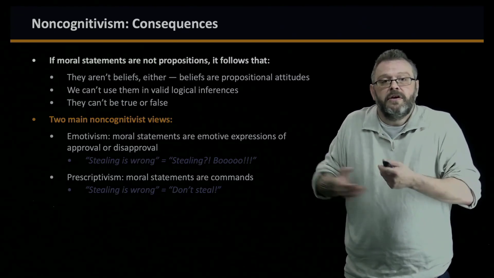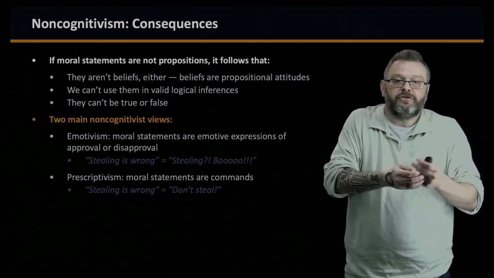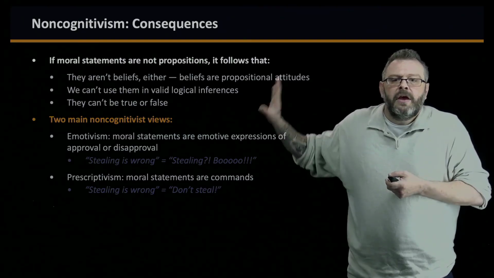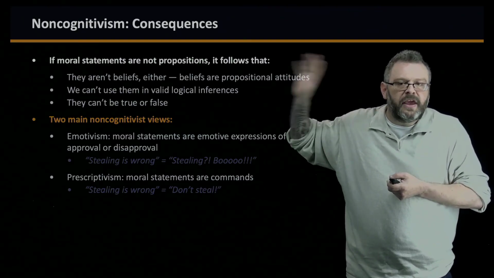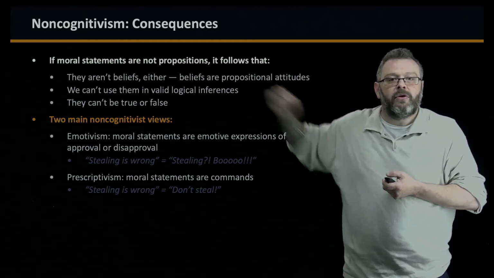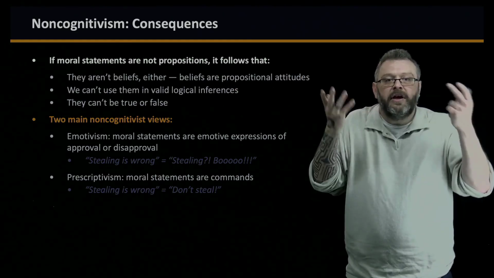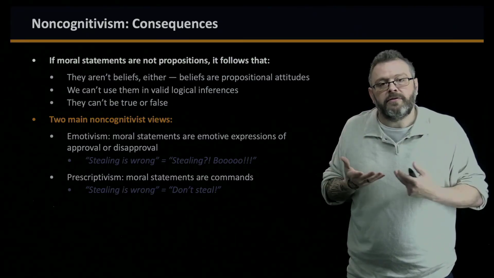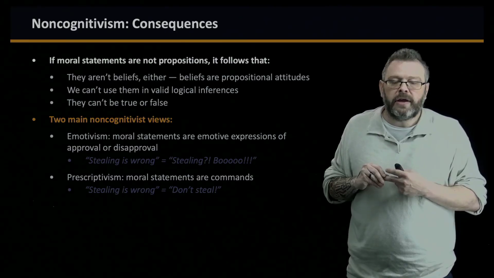You believe the Earth is a sphere. That's a proposition. You believe that today is Wednesday or whatever. That's a proposition. If they're not propositions, they can't be the objects of belief. So that's why they're called non-cognitivists: there's not really any kind of belief state going on with respect to moral claims.